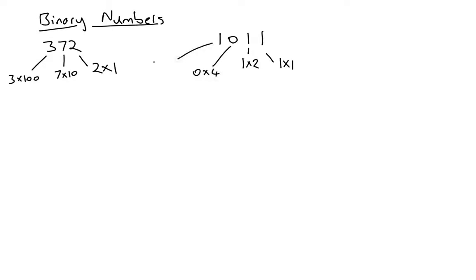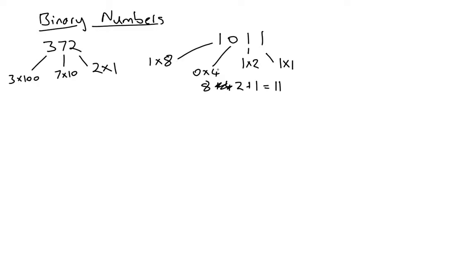And here we've got 1 times 2 times 2 times 2, in other words 1 times 8. So altogether, in decimal, it's 8 plus 2 plus 1, because we've got no 4s, which is 11. So this is 11 in binary. Let me just check that. We've got 1 plus 2, that's 3, plus no 4s, and 8, so that's 11.